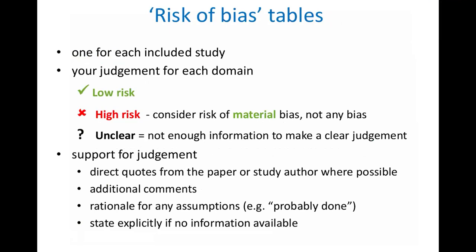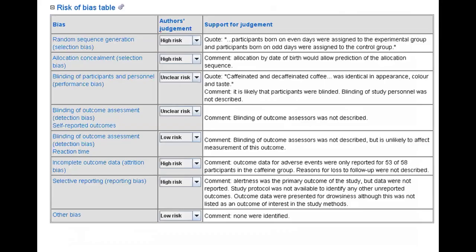So ultimately, we have to make a risk of bias table for each included study, and your judgment can be low risk, high risk, or unclear, along with support for judgment. Next slide. Support for judgment uses direct quotes. Here you can see high risk, and under random sequence generation there is a quote. This is a screenshot from RevMan. In RevMan you can also do risk of bias, but I will show you the ROB2 tool.